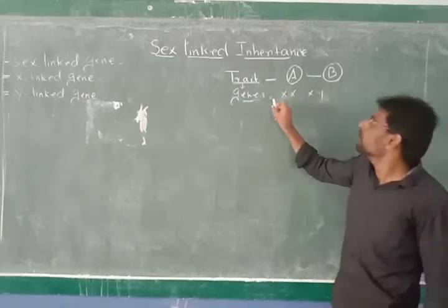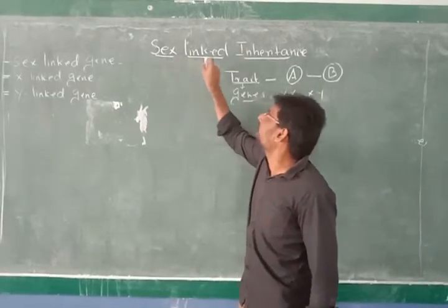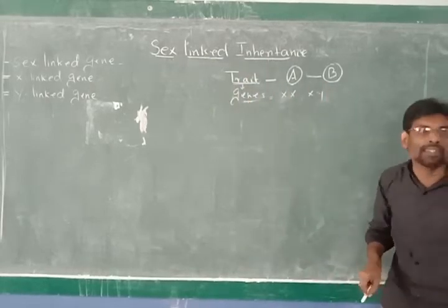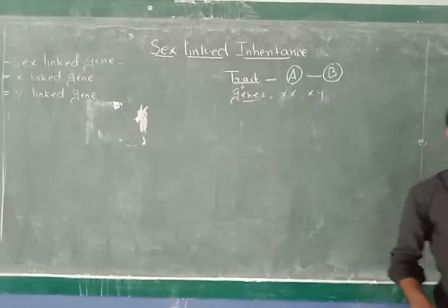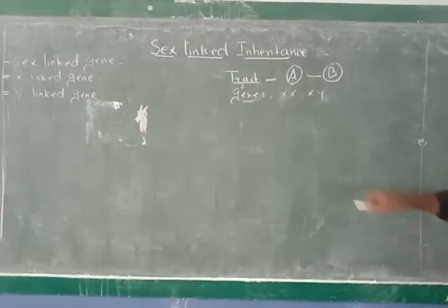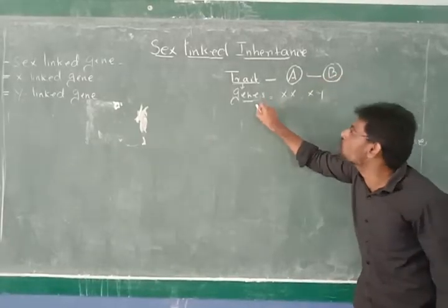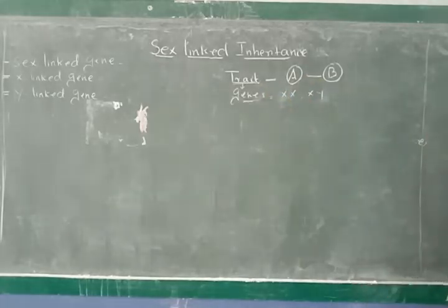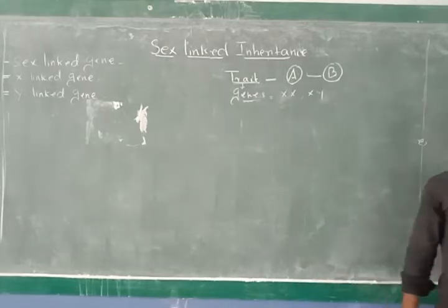Since these genes are located in the sex chromosomes, it is called sex-linked inheritance. How are these characters transmitted? Only by the genes located in the sex chromosomes. Without the genes located in the sex chromosomes, characters will never get transmitted. That is what we are going to study in this chapter, sex-linked inheritance.